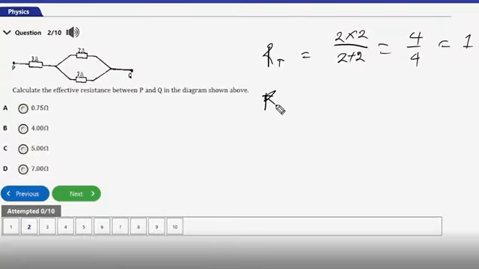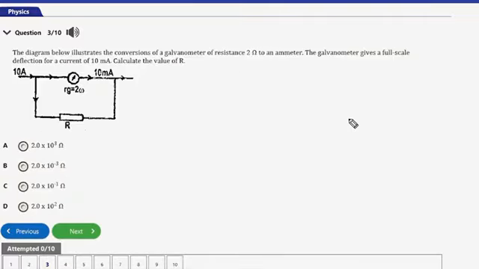The total resistance across this area will be 3 ohms, which is the first resistance, plus the 1 ohm we just found, and that's 4 ohms. So the answer to this question is option B. That's it for this question. Let's go ahead and consider the next question, question number 3.